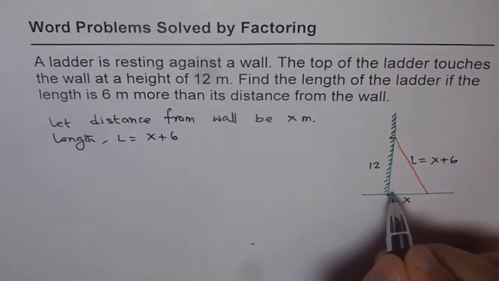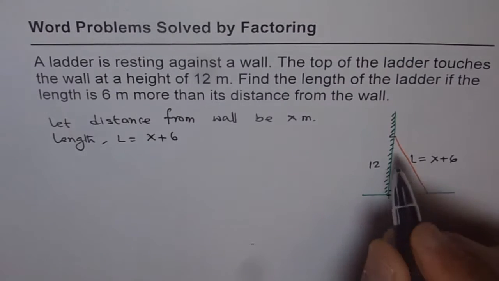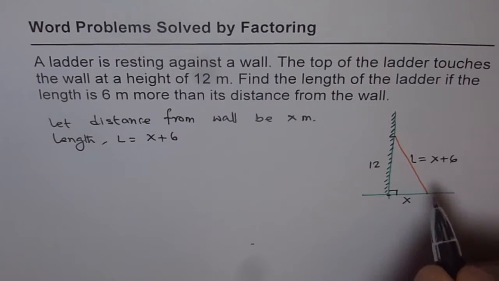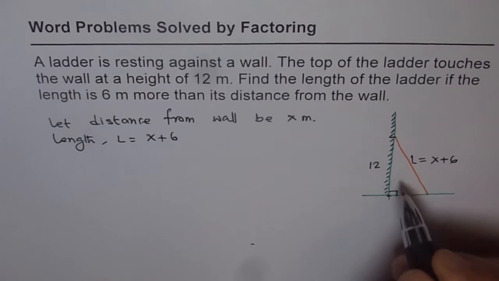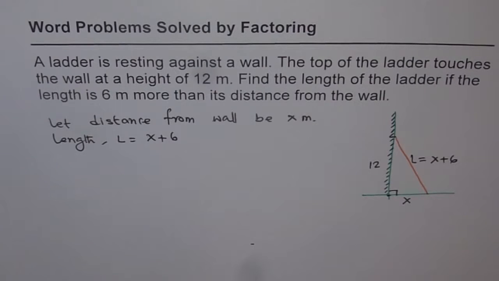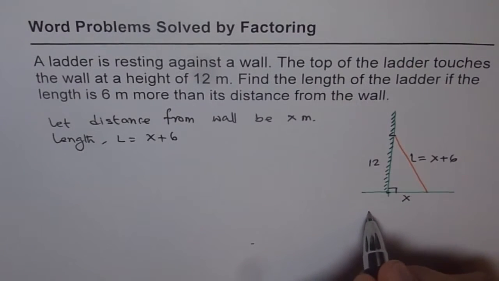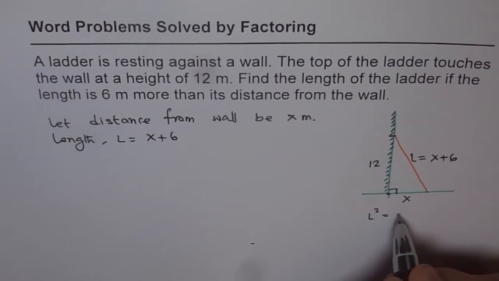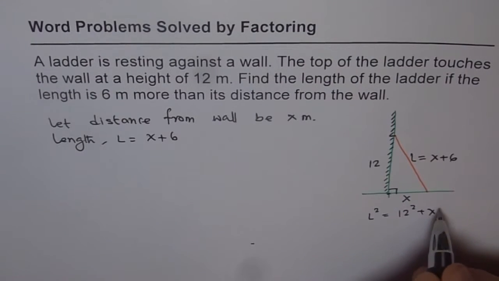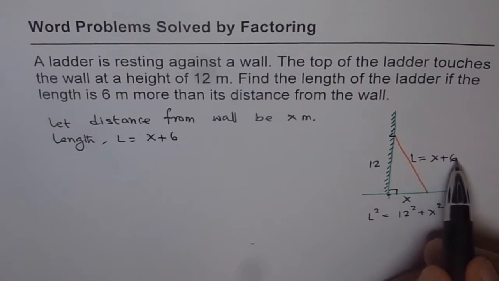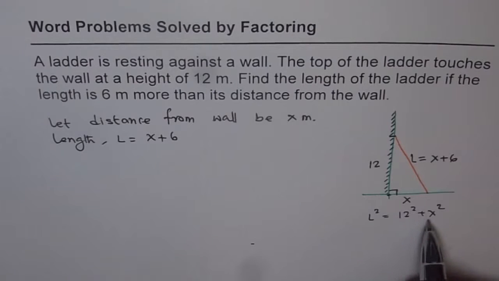So we have this kind of triangle here, which is a right angle triangle. So using the Pythagorean theorem, we can find the answer, right? So L square equals 12 square plus x square, right? Now L is 6 plus x, and then we can solve for x, correct? So that is how we are going to solve the problem.